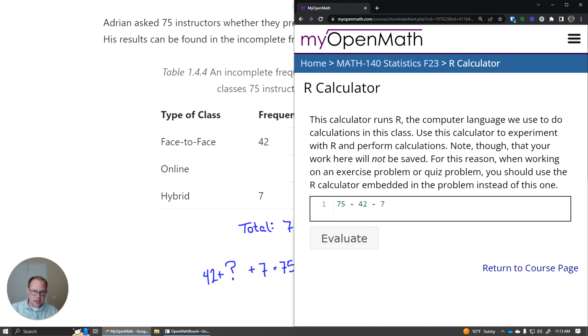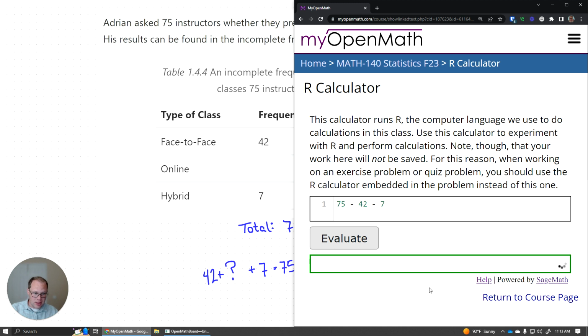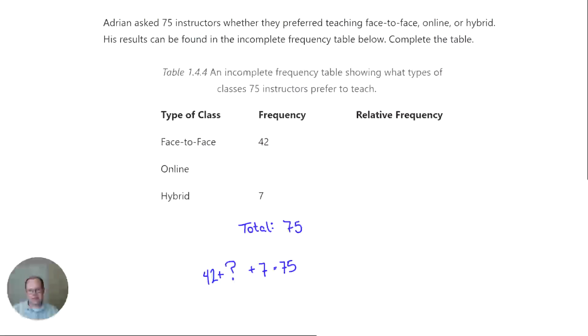Okay, so I'm just taking out the 42 and the 7, and I find that there are 26 left. So 26 instructors must prefer online classes. So 26 goes here. And that way, when you add these up, you're going to get 75. Okay?